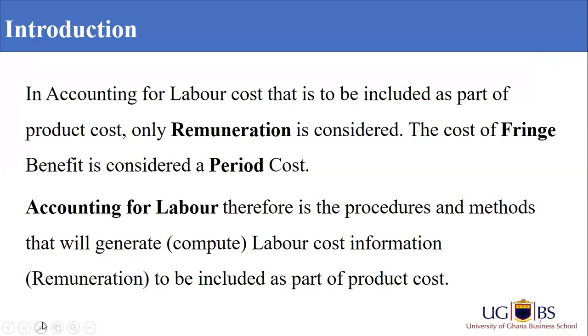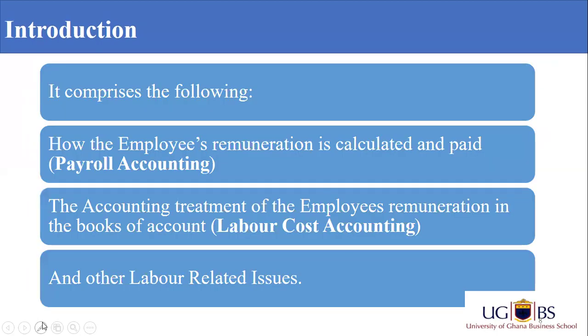So accounting for labor, therefore, is the procedure and method that will compute labor cost information. So it comprises the following: how the employee's remuneration is calculated and paid, that's the payroll accounting, and the accounting treatment of the employee's remuneration in the books of accounts, that's labor accounting, and other labor-related issues.